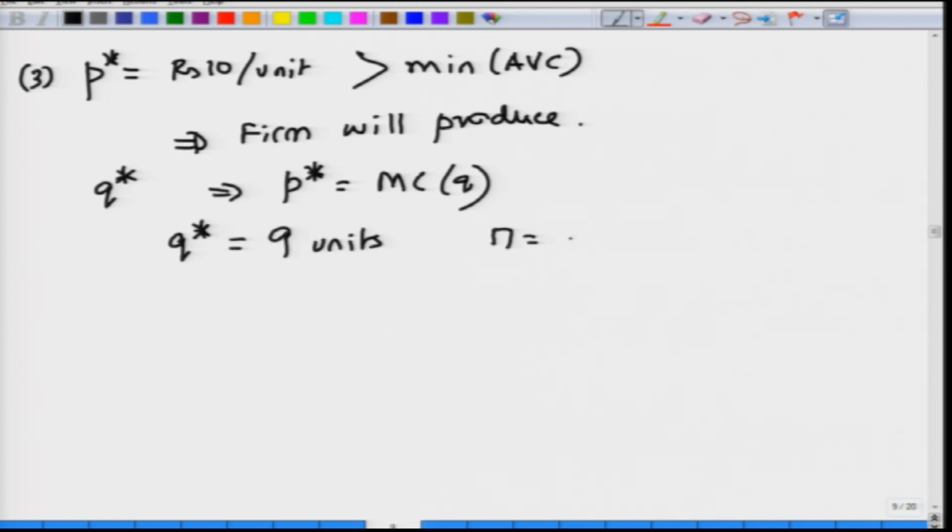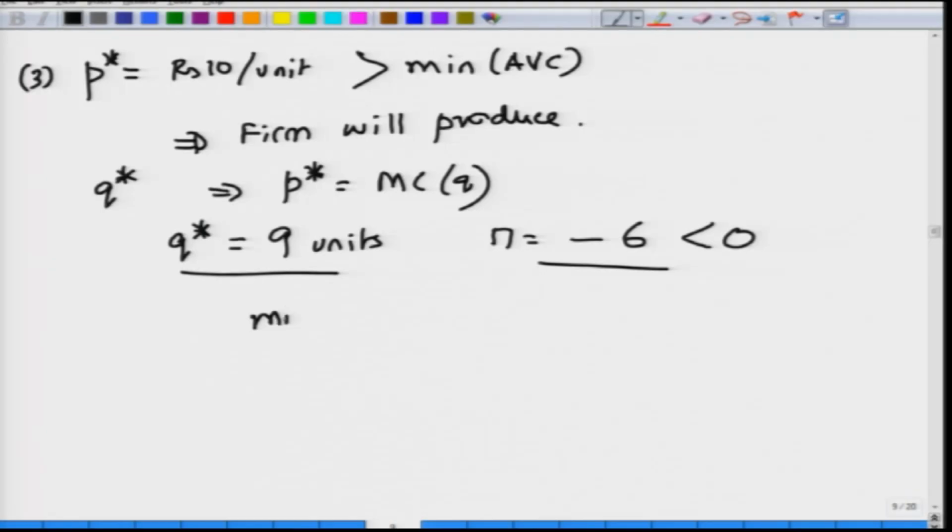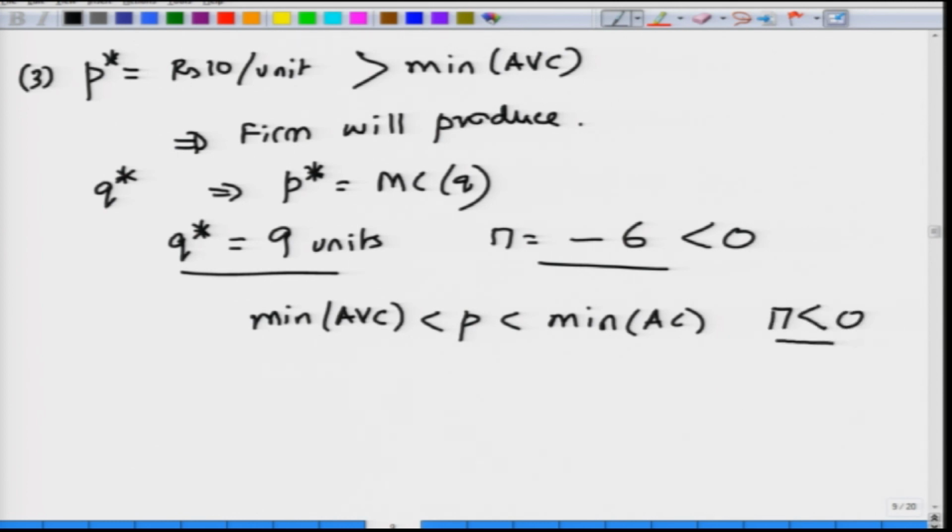Its profit is going to be negative, but still it continues to produce, because if it were to shut down, its loss would be 20. By producing 9 units, its profit is minus 6, which is better than what it would get by shutting down. So, for any price between the minimum AVC and the minimum AC, the firm will always produce, but its profit is going to be less than 0.